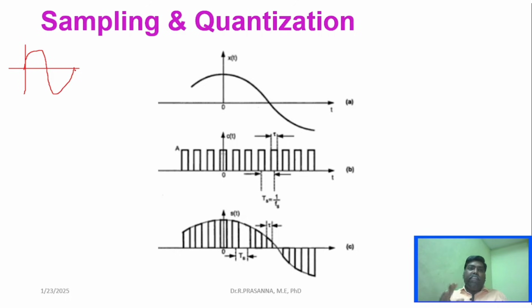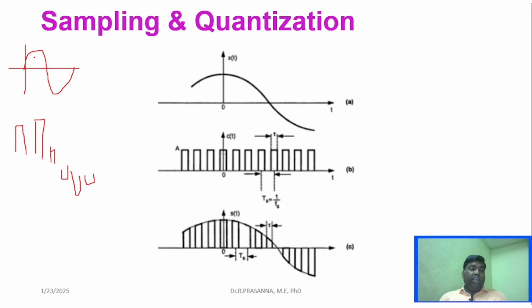It is the very first step to convert a continuous signal to a digital signal. It is not the process which is going to convert a continuous signal into a digital signal by itself; it is the first step. Which means sampling will convert this continuous signal into discrete samples.